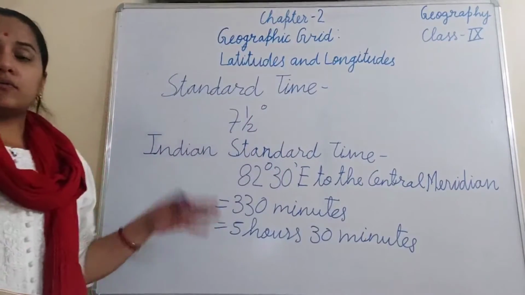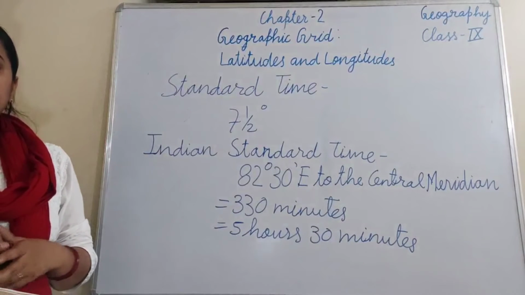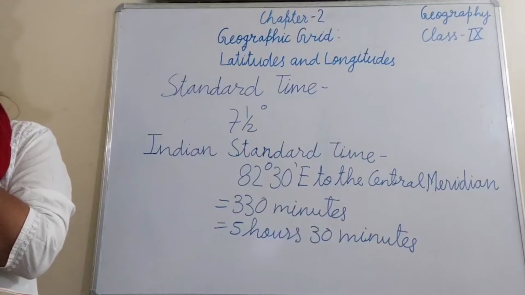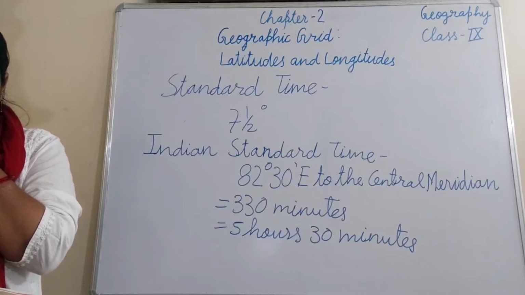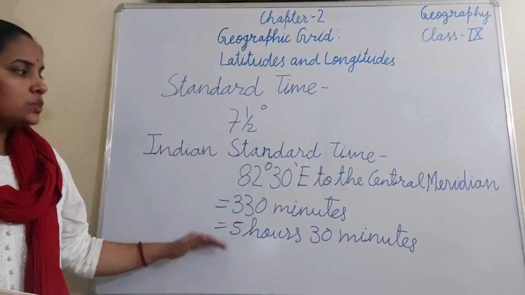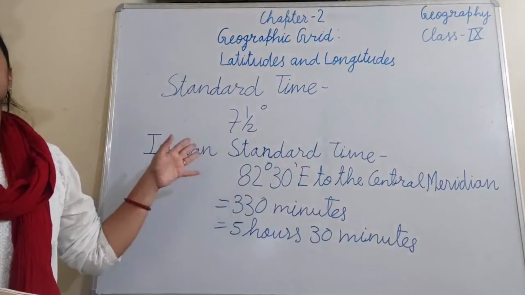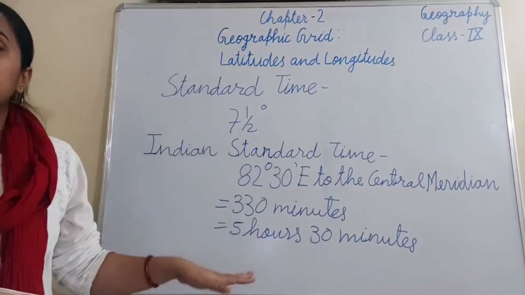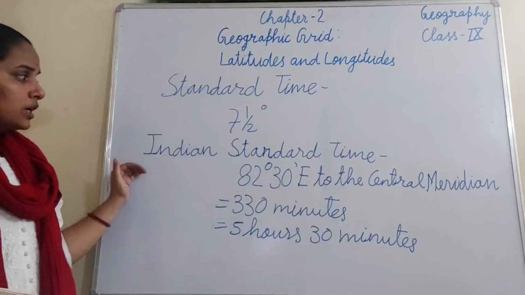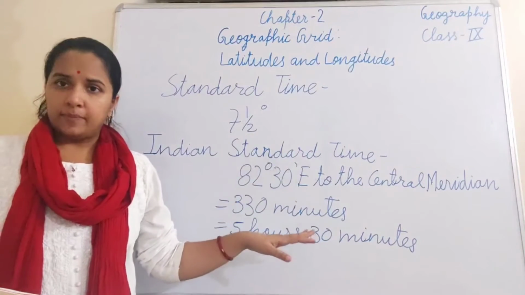And if we talk about the position of India, it is lying towards east, so we will add it, and that is why the Indian Standard Time is 5 hours and 30 minutes ahead of the Greenwich Standard Time, or the Greenwich Mean Time. So in this way we have the Indian Standard Time.